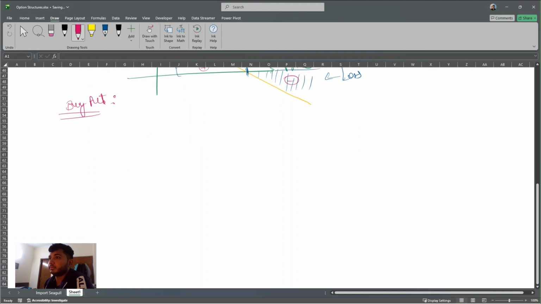Here we are going to make a mirror image from the vertical axis.